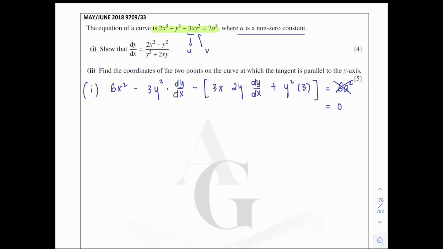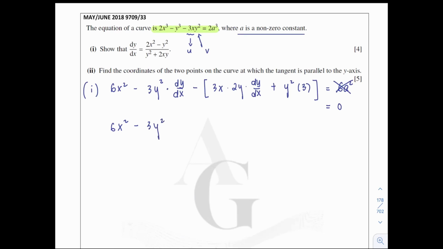So the next step will be just to rearrange the equation. What we need to do is group the dy/dx terms together and the terms without dy/dx together. So let's say 6x squared is here. The next term without the dy/dx will be this term. But remember, you need to multiply the negative into here. So the next term will be just negative 3y squared.